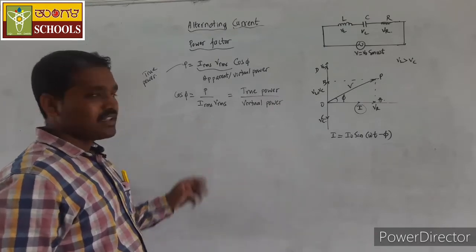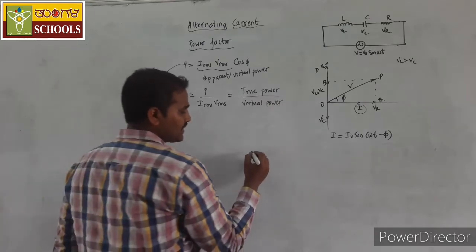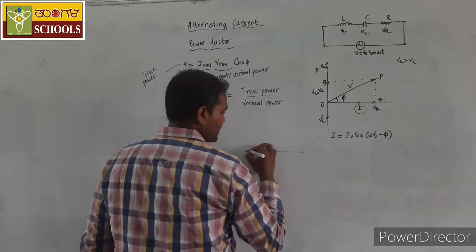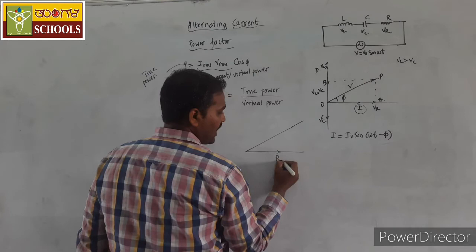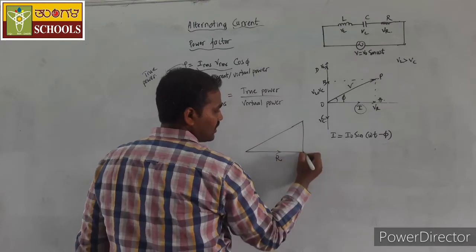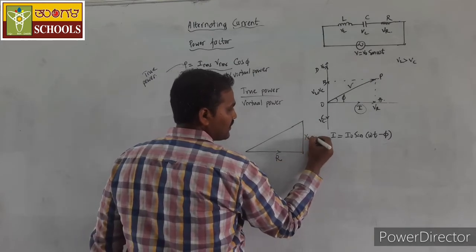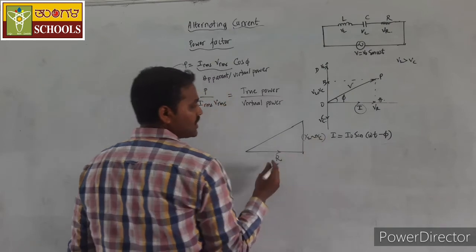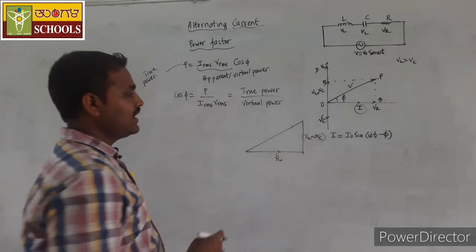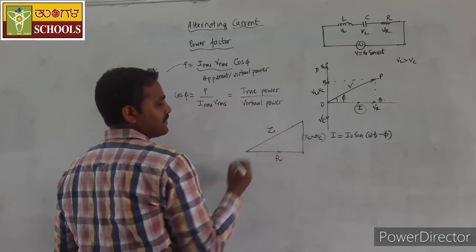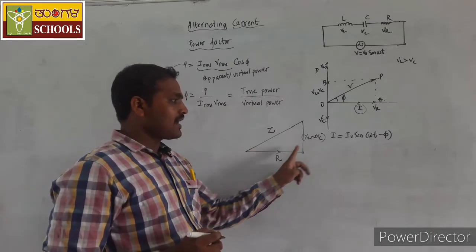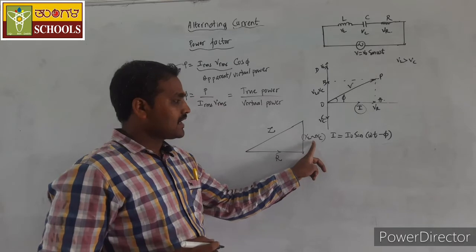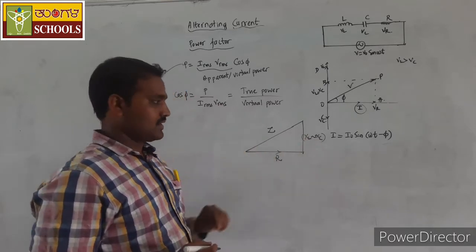If you remember the impedance triangle, it is something like this. Along the x axis I have R, here I have XL minus XC, whichever is greater we can take, and here I have Z. Z is the vector sum of R and the difference of XL and XC, that is the reactance.